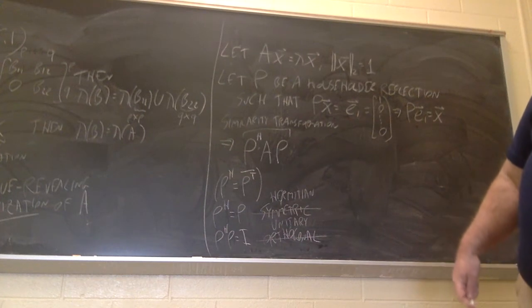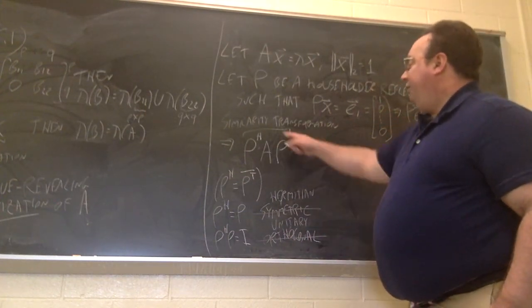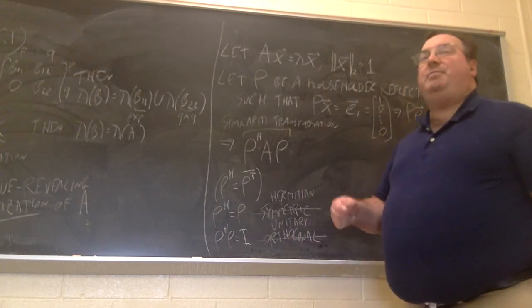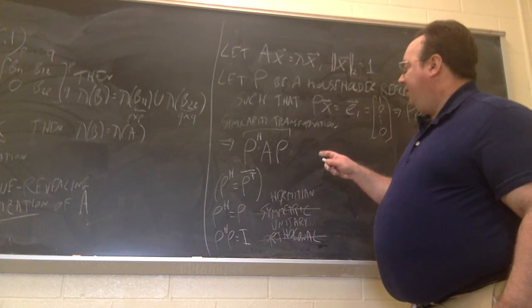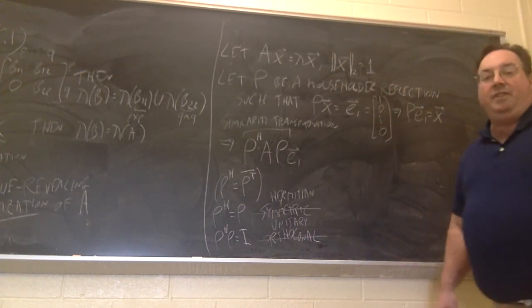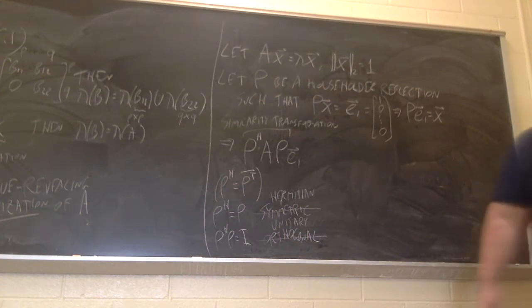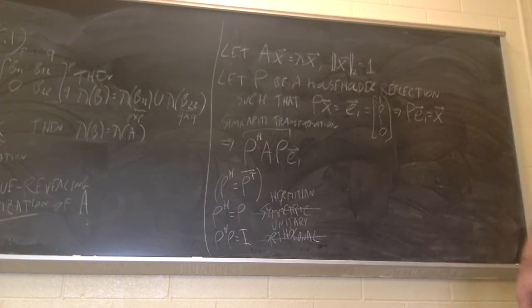Now P^H is also equal to P, but this matrix right here is going to have the same eigenvalues as A. Now what I'm going to do is multiply by E1. When I multiply a matrix by E1, what am I getting out of that matrix? Well, what part of the matrix is that giving me?